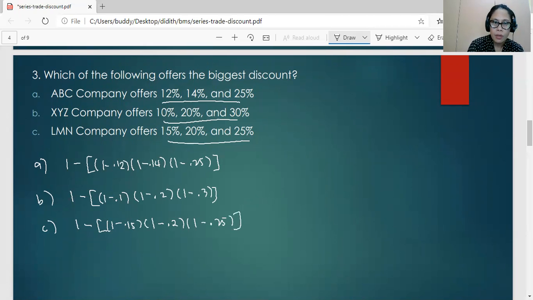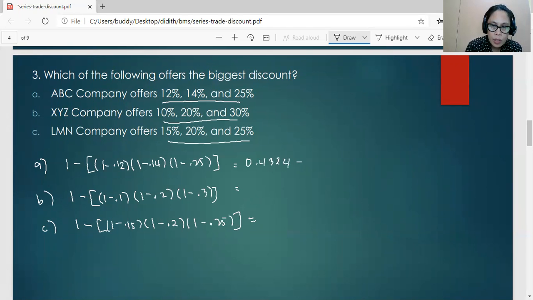Okay? So using your calculator for an easy computation, we'll have 0.4324 here.